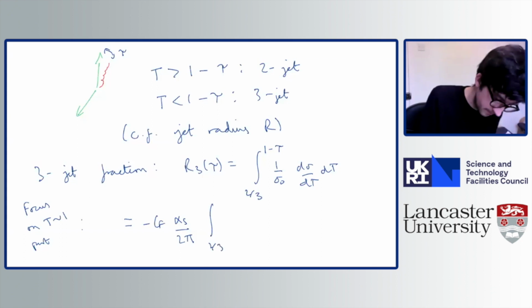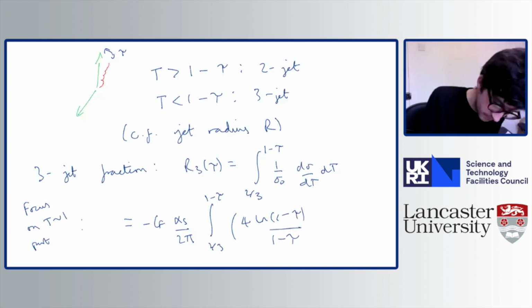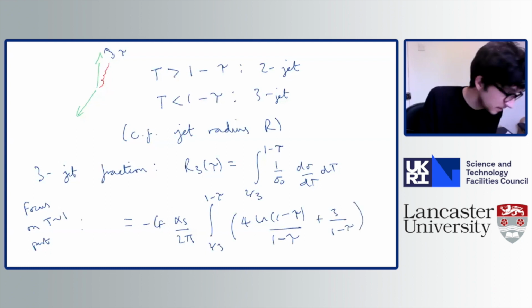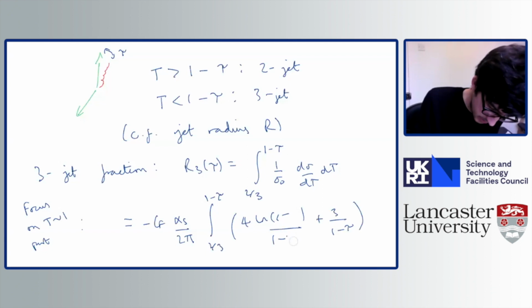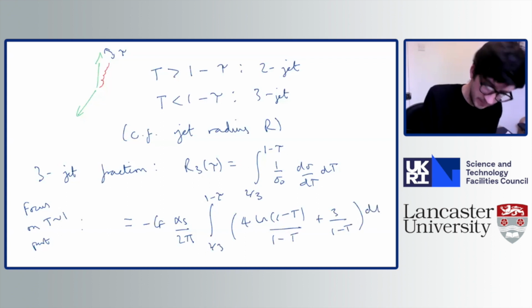And then we've got the integral again. And let's stick that in again, just to be clear. Plus 3 over 1 minus T. And clearly, sorry, my bad. Let me write that again. Those are not taus. 1 minus T, 1 minus T dT. Okay.